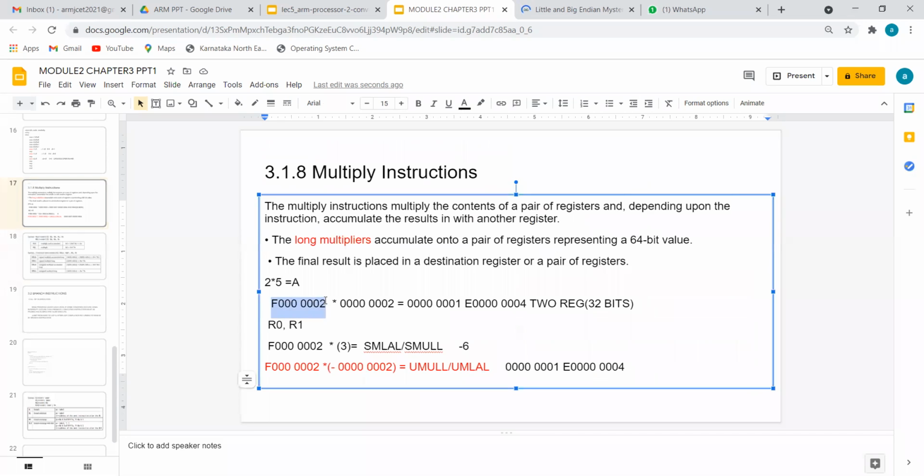We took two numbers, first number and second number, and the numbers are 32-bit. The answer will be 64-bit, hence it is not possible to store it in only one register. So we took two registers, each of 32 bits, hence the capacity is 64 bits. Here one number is positive and this number is actually negative.